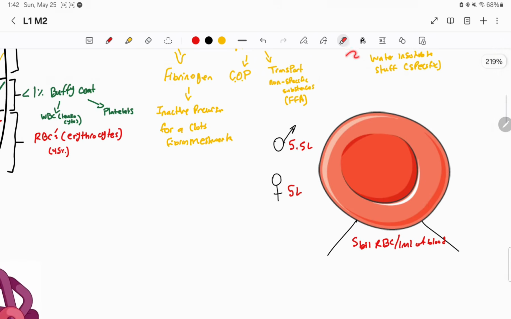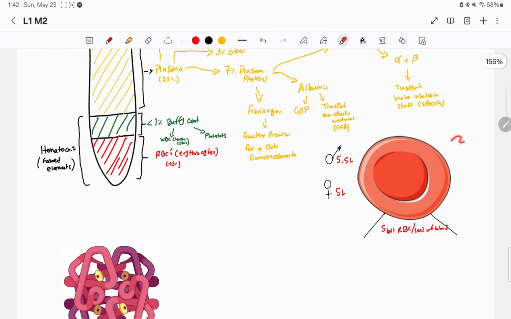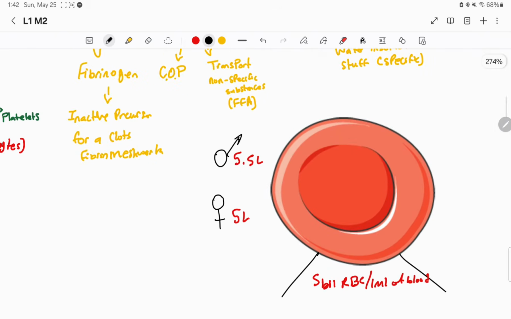But what do red blood cells really do? Well, they're best known for carrying oxygen, and we'll talk about that. But first, let's give a few facts about these red blood cells. First of all, these red blood cells live only about 90 to 120 days, and there is a reason for this, which we'll talk about.